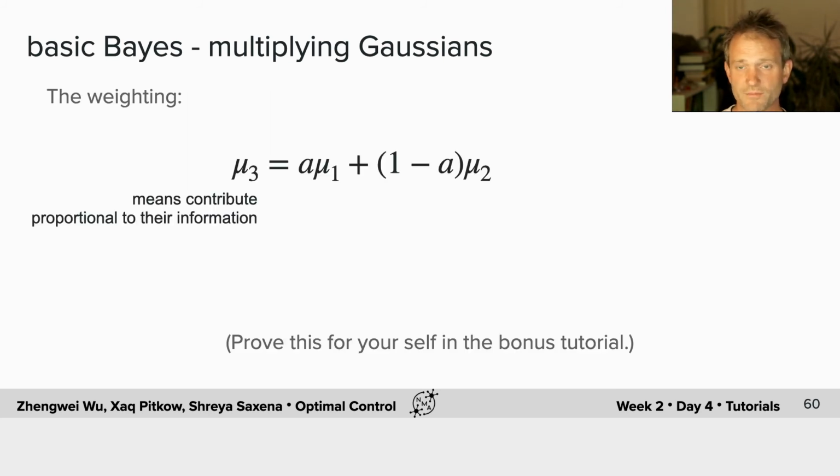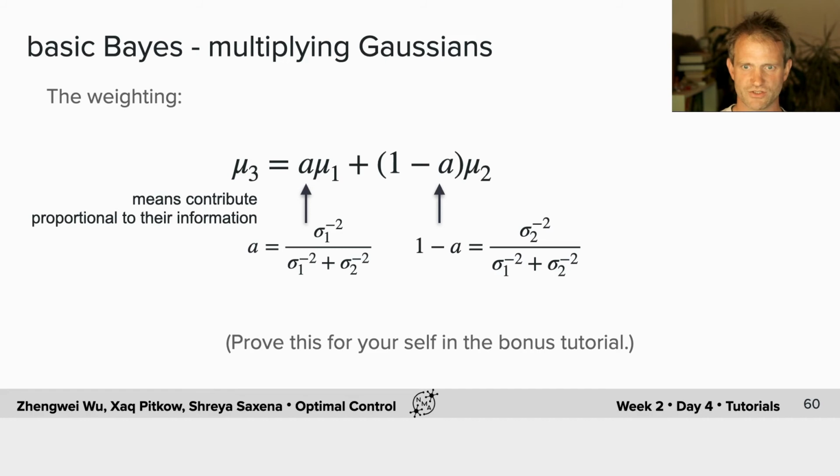So, when we combine two Gaussians by multiplication, we get a new Gaussian, which is a weighting of the prior Gaussians. And the interesting thing is that the weighting is based on the amount of information in the Gaussians. So, their means contribute to the new Gaussian mean proportional to their information.